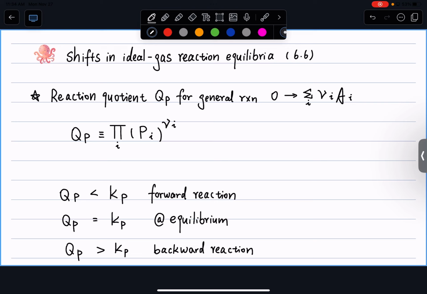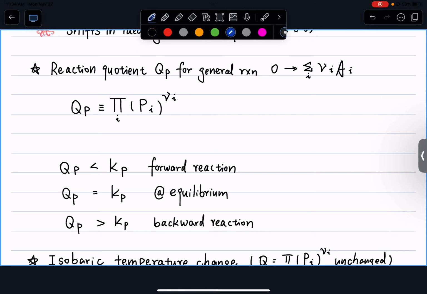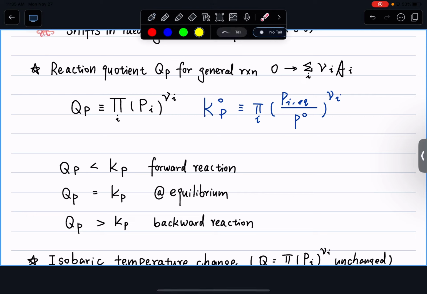And the reaction quotient is defined as the product of your partial pressures, with the stoichiometric coefficients as the powers. And in this case, we are comparing it with our equilibrium constant, Kp, of your partial pressures at equilibrium divided by standard pressure, with the stoichiometric coefficients as powers.